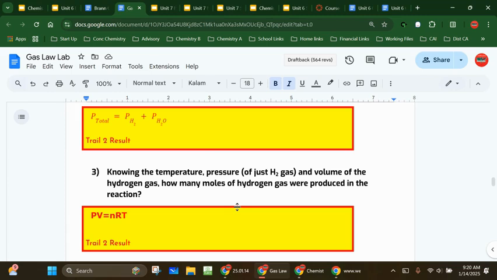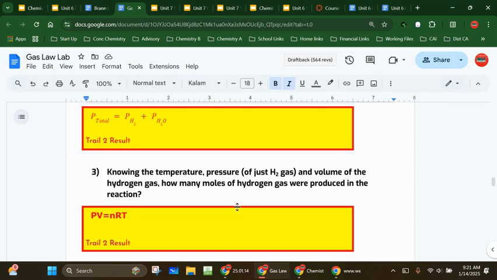And then we moved it up and down until what happened to the water levels? They were equal. The reason we did that is when the water levels were equal, the pressure of the gas inside the tube and the pressure of the gas outside pushing down on the column of water in the graduated cylinder, those two pressures were equal.